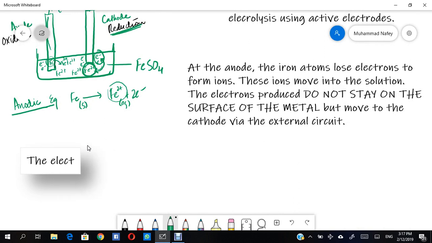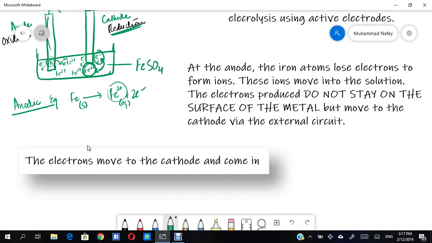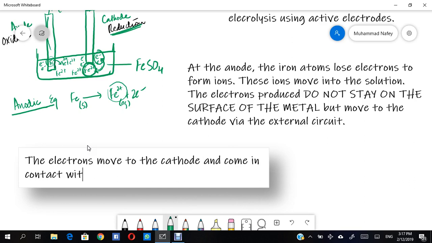The electrons move to the cathode and come in contact with the iron ions.